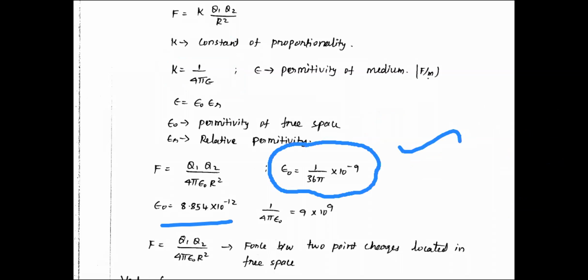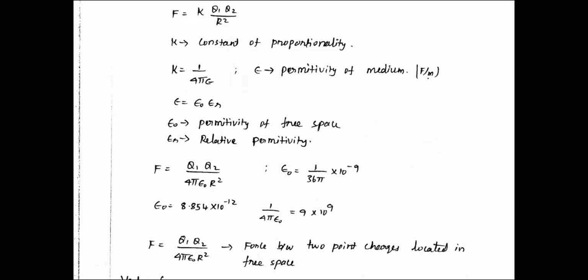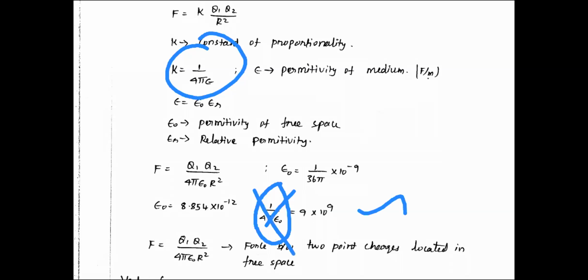Or otherwise, k, meaning 1 by 4 pi epsilon naught itself, can be replaced by 9 into 10 power 9. Simply in the exam they will replace this. Instead of 1 by 4 pi epsilon naught, you should know these values. With 9 into 10 power 9, you can directly give the answer.